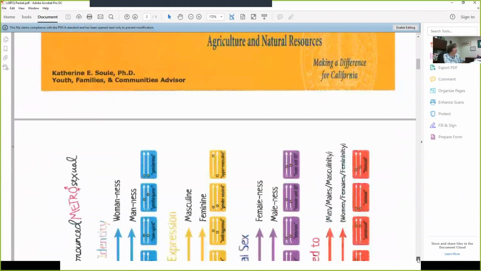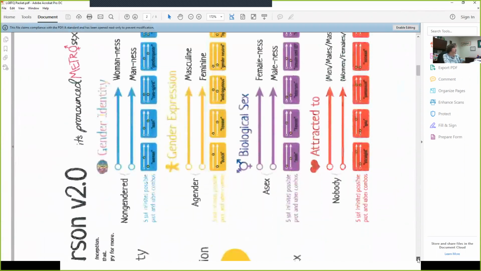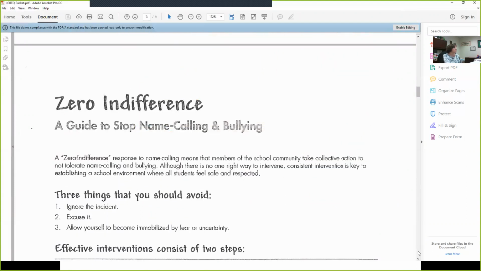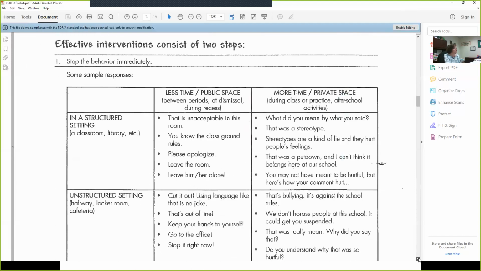It also has some good explanations and some examples that you can use. That one will be shared with you, as well as another one, on camp.